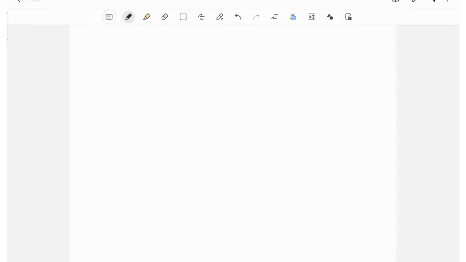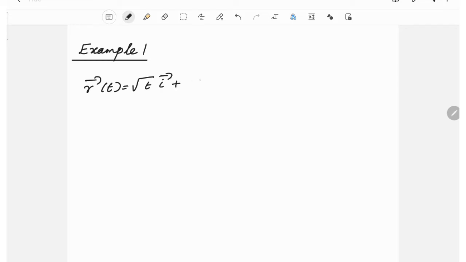Now we can have some examples. Example 1. Find the intervals on which the vector function r, defined by r of t equals root t i plus 1 by t square minus 1 j plus ln t k, is continuous. So here we have to find the intervals on which this given function is continuous.